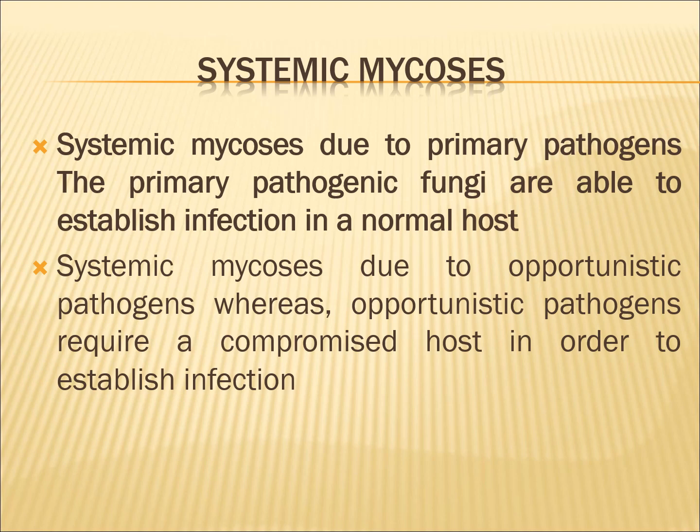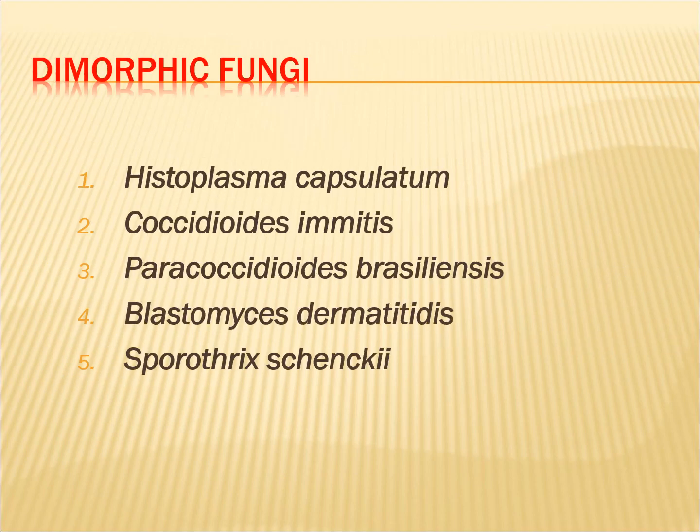The second type results from infection with opportunistic fungi, mainly in immunocompromised patients. That means systemic mycosis occurs in immunocompetent as well as immunocompromised patients.